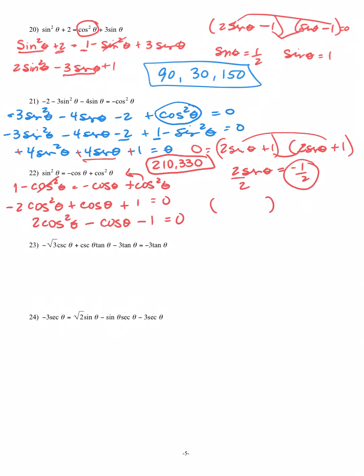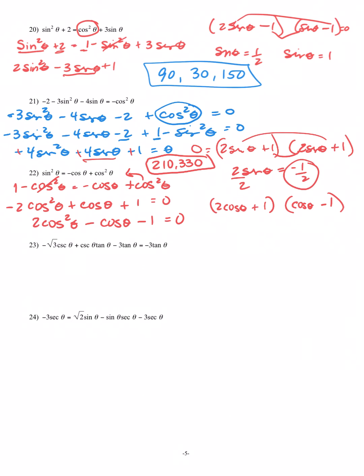And when we factor that, we get 2 cosine and a cosine of theta. And now we have a negative 1 and a positive 1. So we have to make it so that the inside's negative. So we're going to put the negative 1 over here, so when it multiplies with the 2, it'll turn to a negative 2.